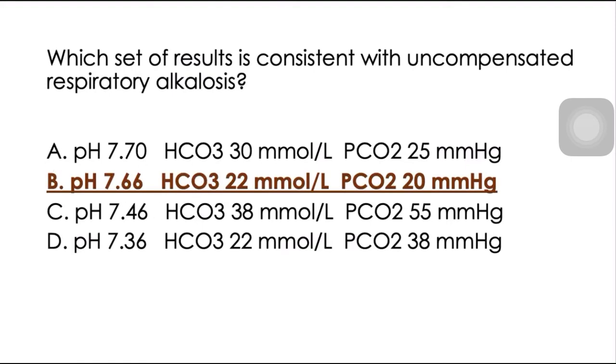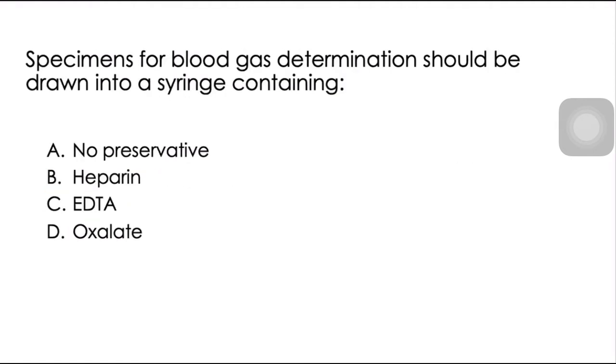For the application nga po ng mga ganitong measurement, for acid-base balance. Okay? Next po tayo. For blood gas measurement po natin, the specimen for blood gas determination should be drawn into a syringe containing, alam niyo po ito, we have letter B, heparin.